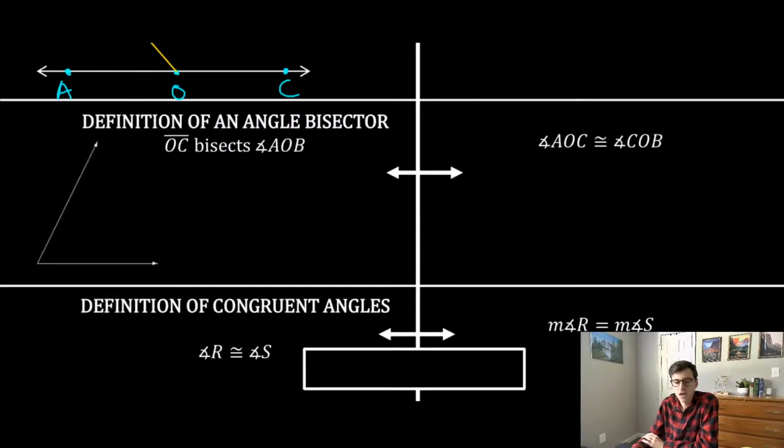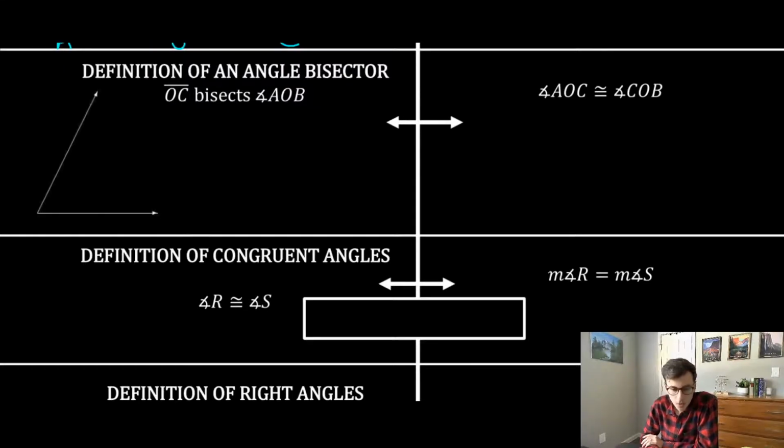The definition of an angle bisector. Okay, so we have OC bisecting AOB. All right, so let's go ahead and draw A, O, B, and then we have OC, so here's C, and OC, really, I would say should be a ray.